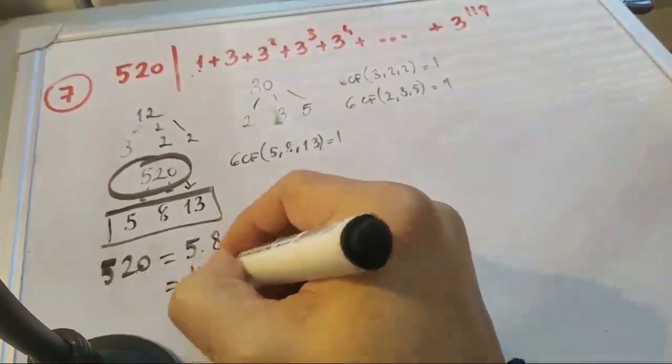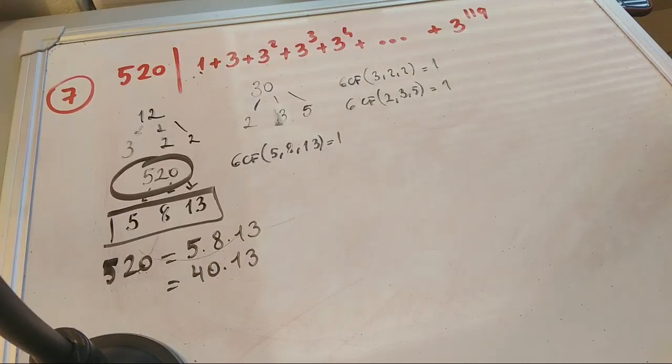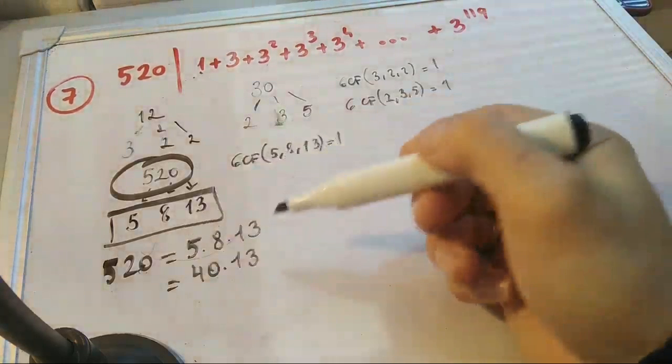It is 40 times 13. Yes, 40 times 13, which means 520, right? We can multiply 5 and 8. Instead of 2 cubed we write 8.